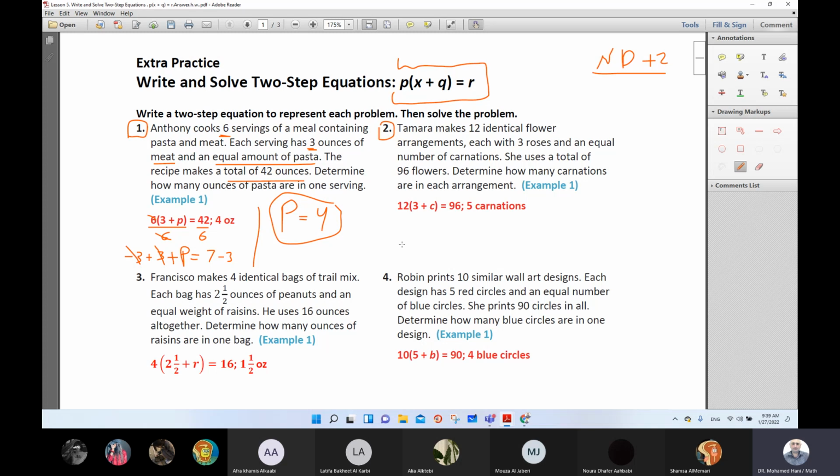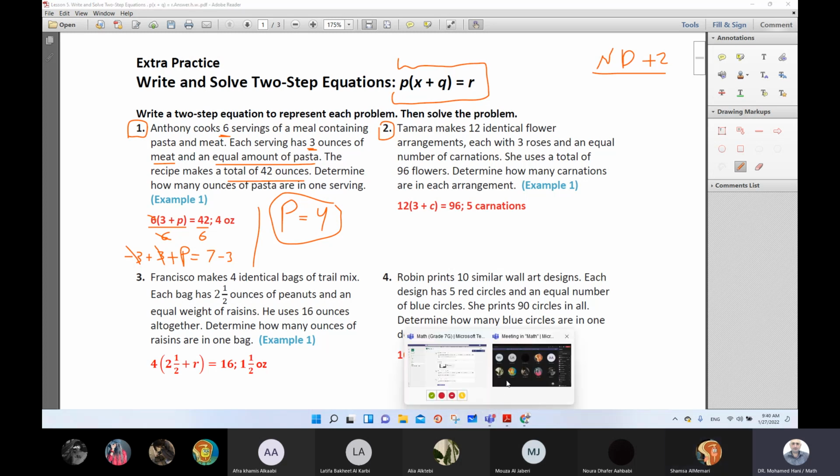Who can read exercise number 2? Mr., Alia's mic isn't working. Okay, who can read exercise number 2? I'm Shamsa. Can I read it?